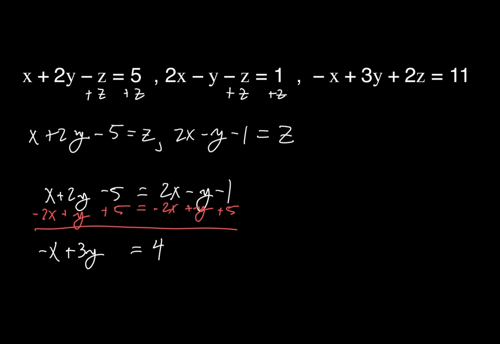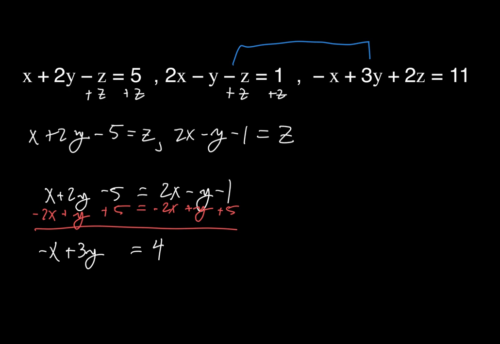And then say, all right, well, what else can I do? I can take these two equations, since I see that one has a negative x and the other has a positive x. I could do a similar thing. Or take these two, and this is what I'm actually going to do, and I'm going to do it for z.